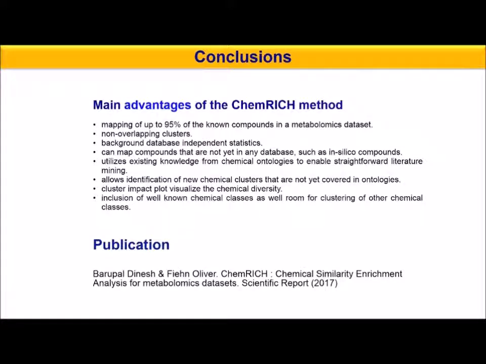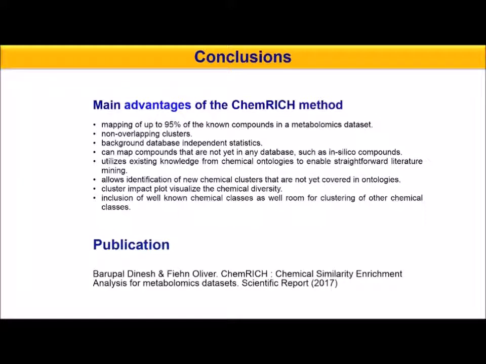It allows identification of new chemical clusters. So if MeSH doesn't cover, and because we do untargeted metabolomics, there could be new clusters that are not in MeSH yet. And so ChemRICH will be able to identify those clusters, and if they are important for a study, it will highlight them as a new cluster in the impact plot.